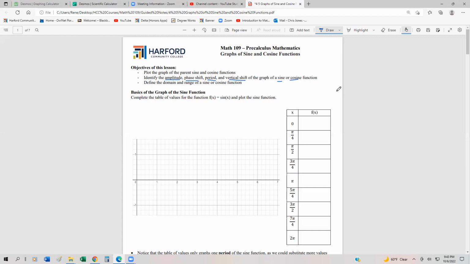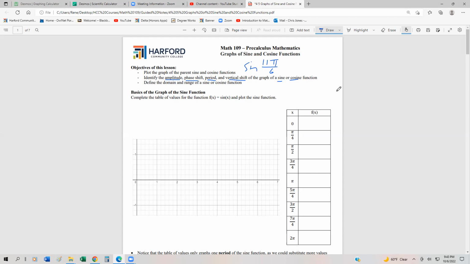Before you go any further in this video, make sure that you have a pretty good grasp from the previous videos of how to evaluate something like this. So if I were to ask you to evaluate the sine of 11 pi over 6, you might not know off the top of your head that that's -1/2, but you should be able to figure that out.